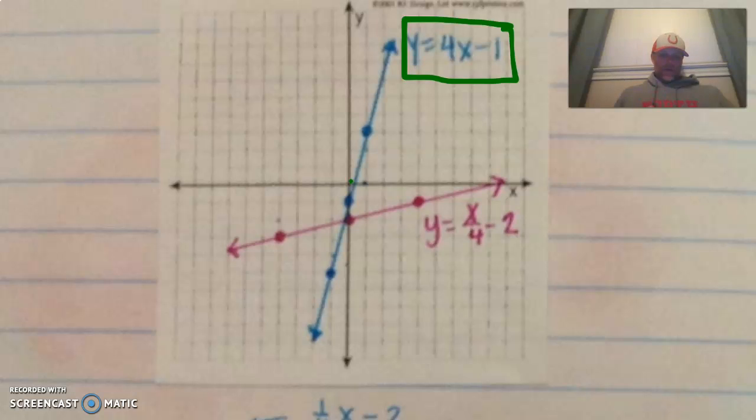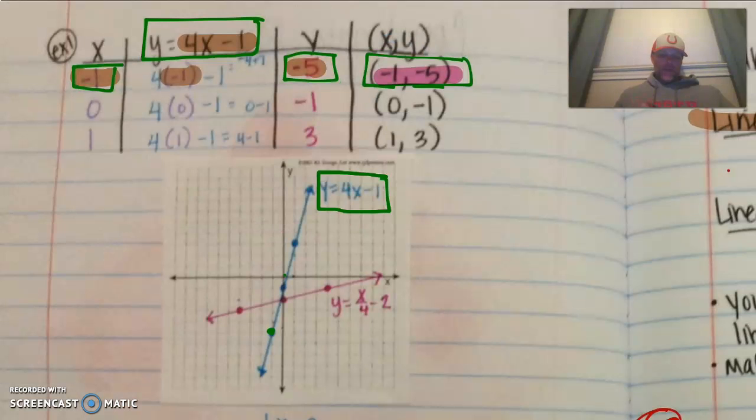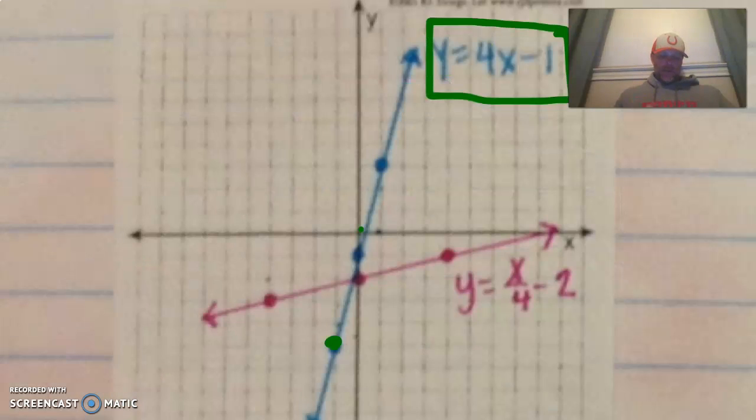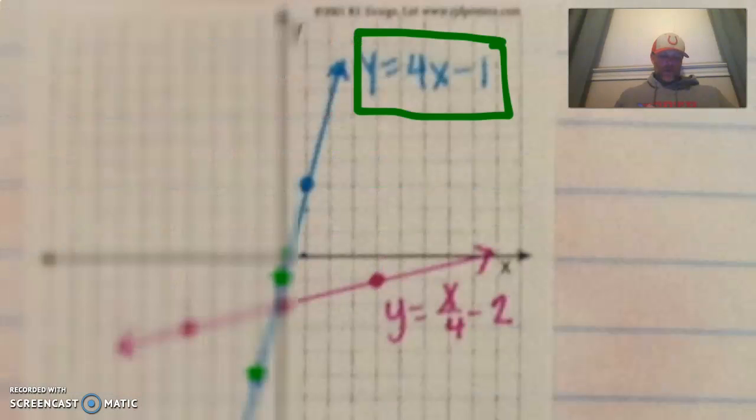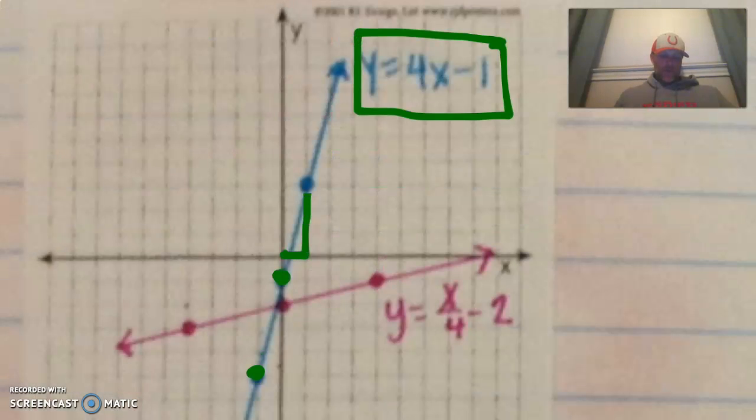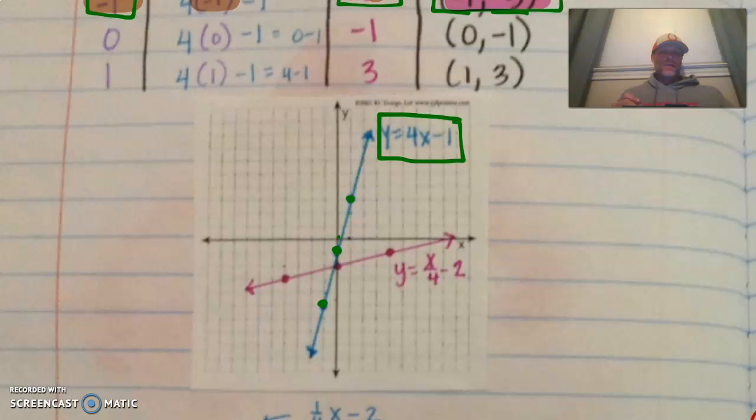So if we go negative 1, negative 5, that was that point. The second one was 0 and negative 1, so we're at 0, go down to negative 1, which is right there. And then the third point was positive 1, positive 3. Positive 1, positive 3, 1, 1, 2, 3. It's right there. And you've just made a line using those 3 points, which technically you only need 2 points to make a line, but you can do it with 3.